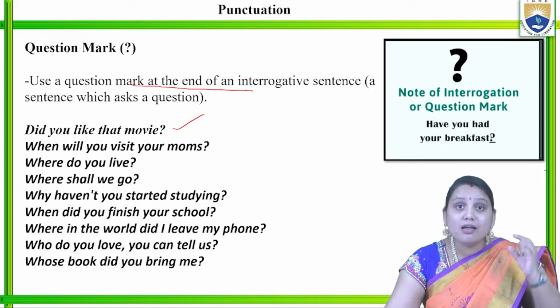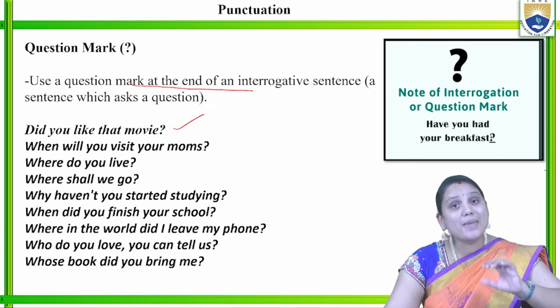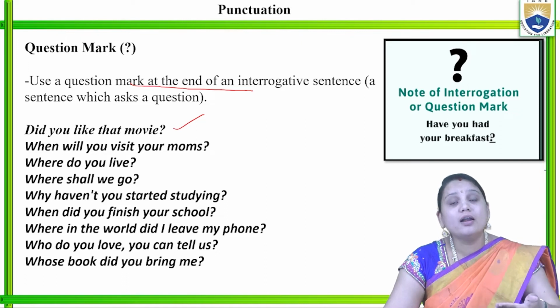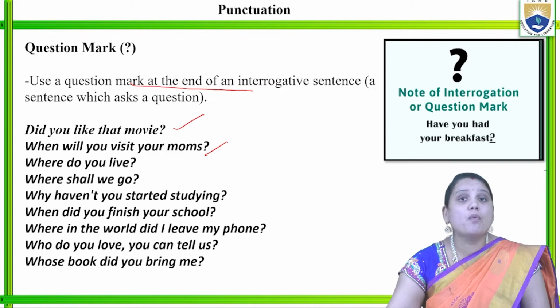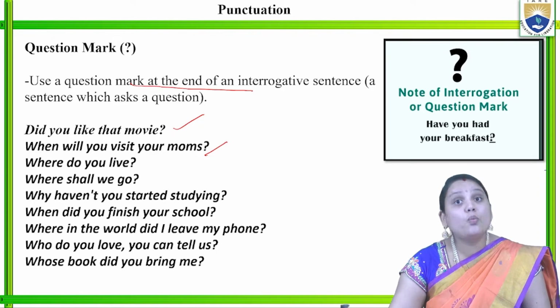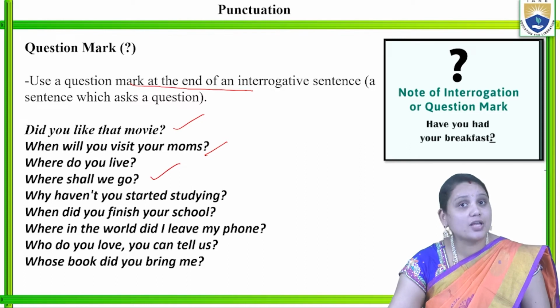So, you should learn how to use this punctuation, how to make the expression of these punctuation marks in your day-to-day communication. When will you visit your moms? That may be if you are in hostel, when will you visit your moms? Where do you live? Where shall we go?